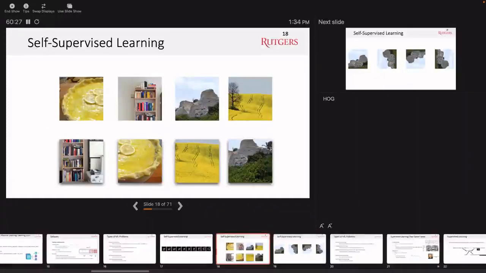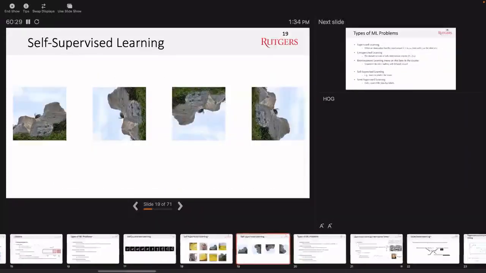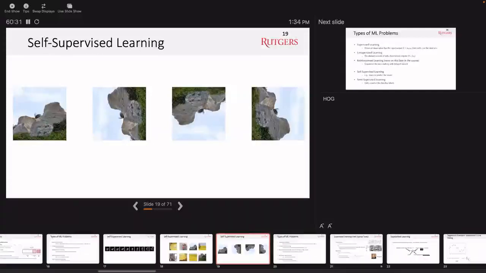We have one last example of self-supervised learning, and it's the simplest one. You tell the computer program to rotate the image by some random angle. When the computer is rotating the image, it knows by what angle it's rotating. Therefore, the computer itself has the label.